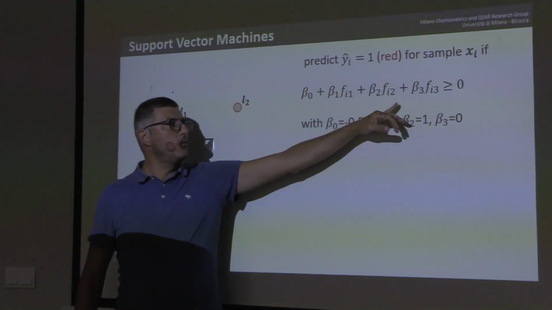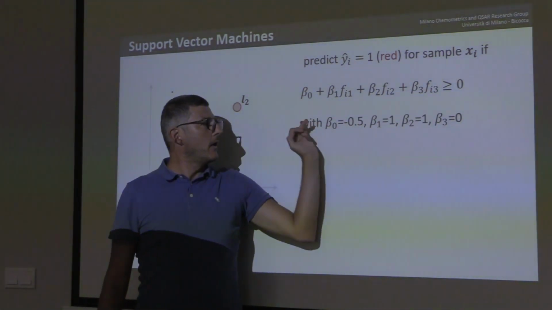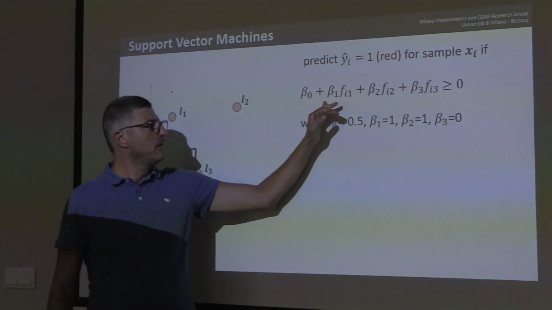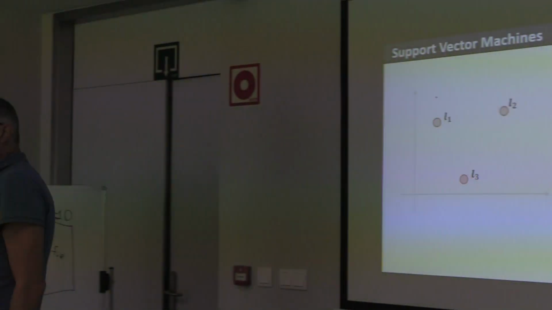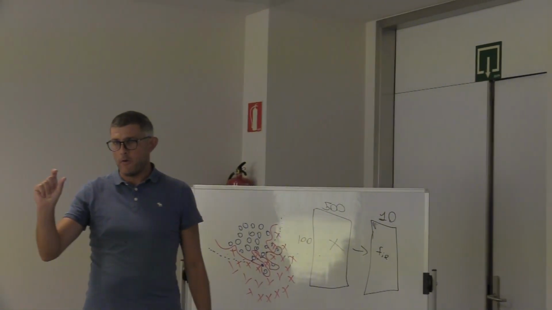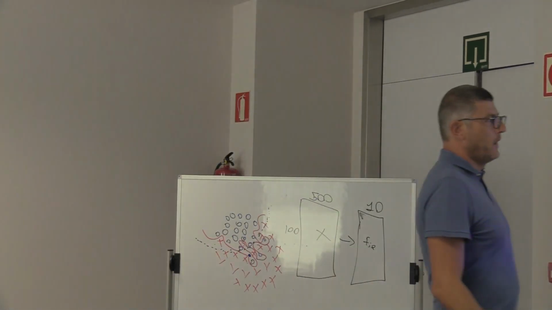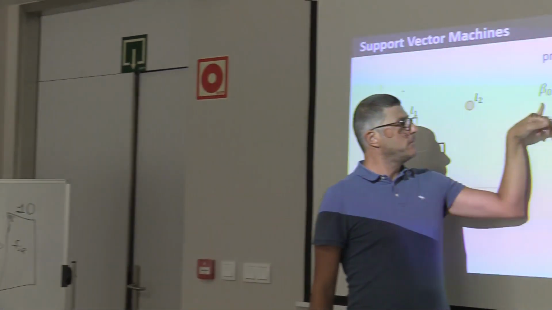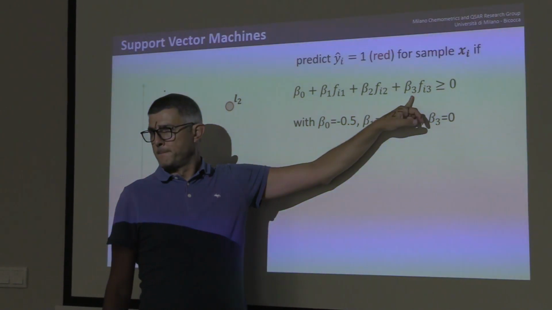This is a support vector machine. The SVM found these to be the coefficients that maximize the margin between the classes in this new space. And the coefficients are minus 0.5, 1, 1, and 0.